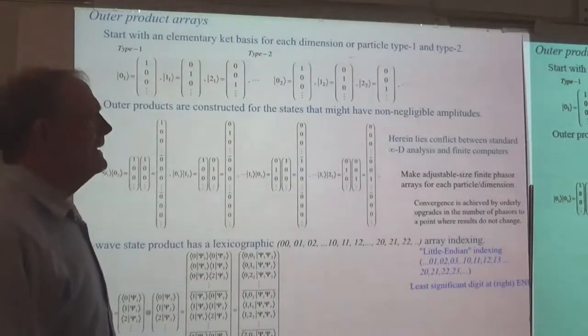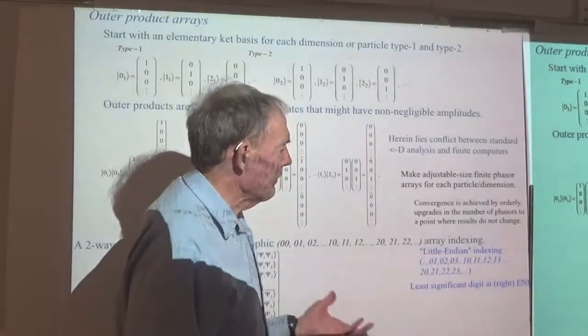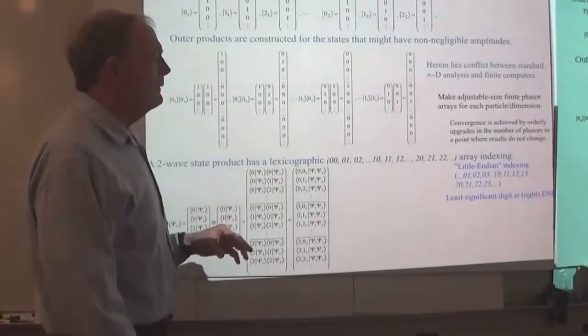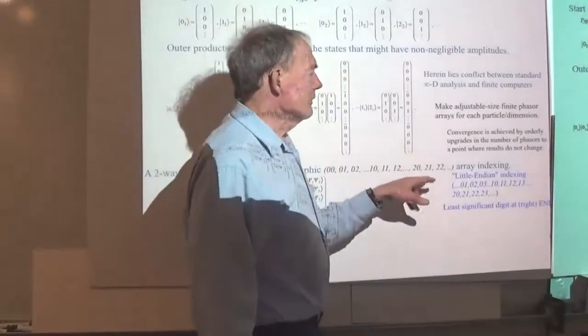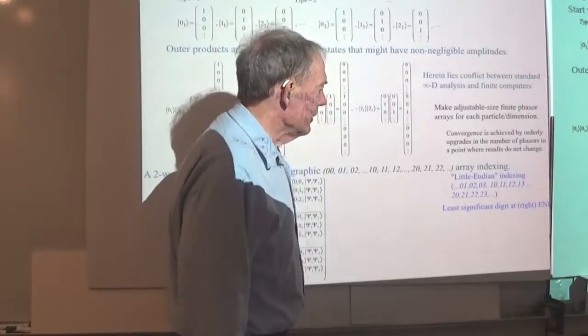It's called Little Indian. This is computer terminology that probably is considered politically incorrect now, but it's because there's this little song called The Little Indian, and the indexing is here.